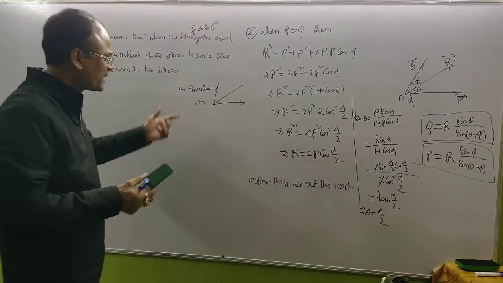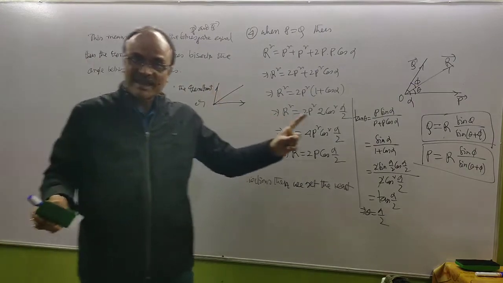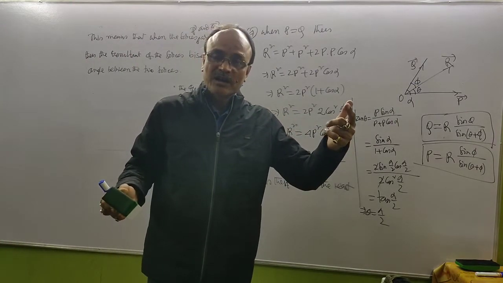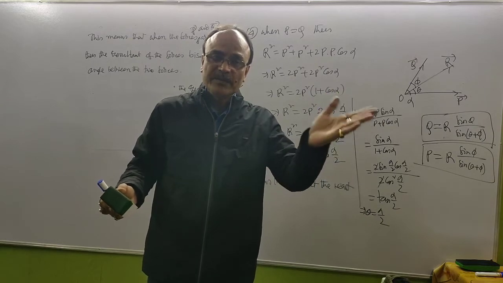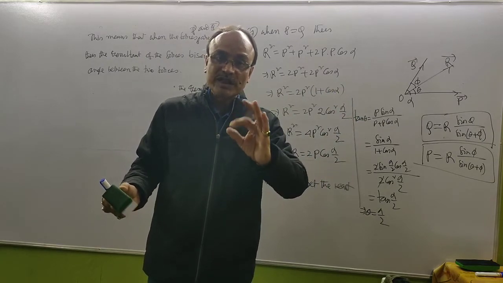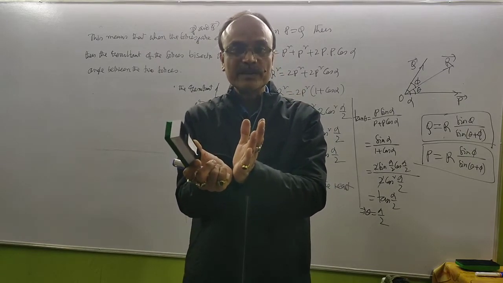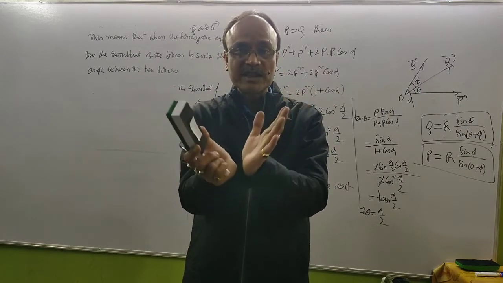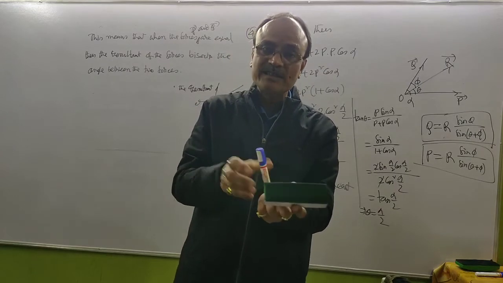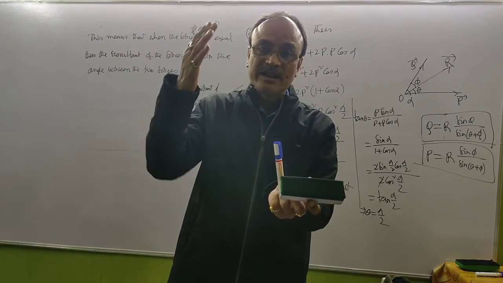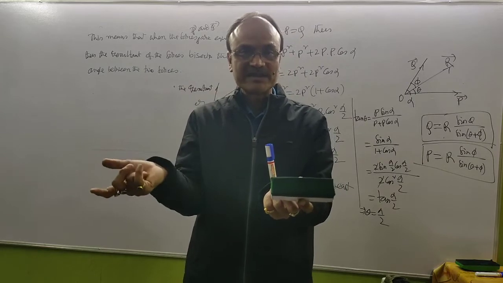I have removed this one, but perhaps you have written this. The resultant will be nearer to the greater force if the forces are unequal. If the two forces are equal, the resultant will make equal angles with both the two forces.